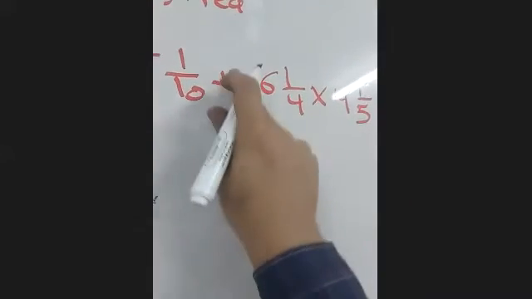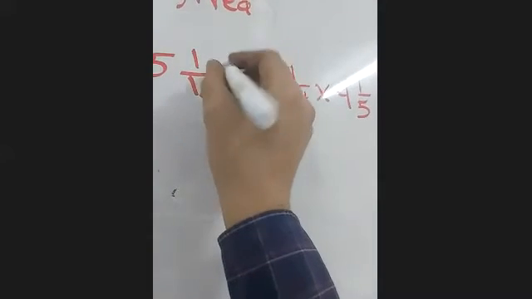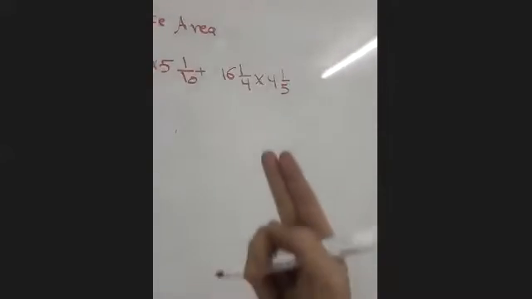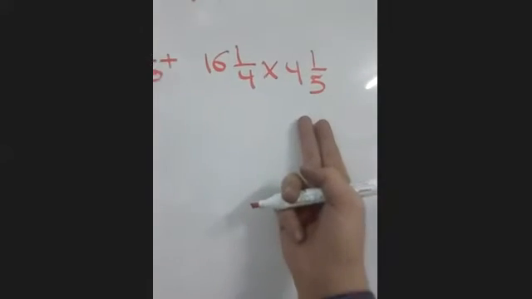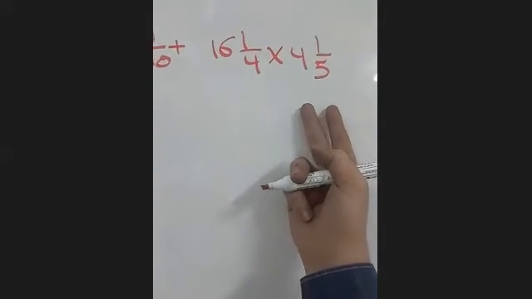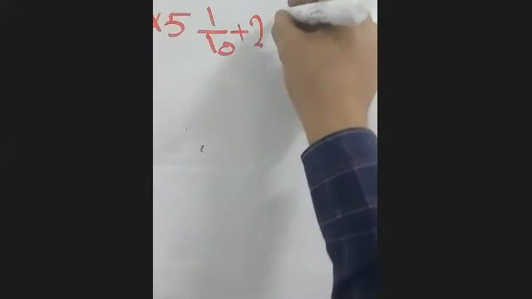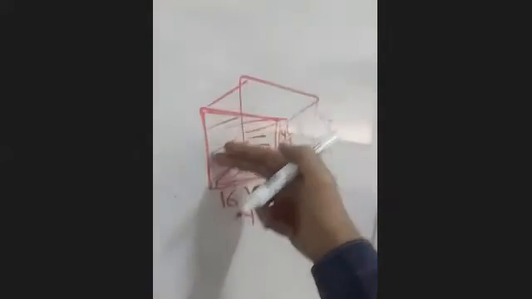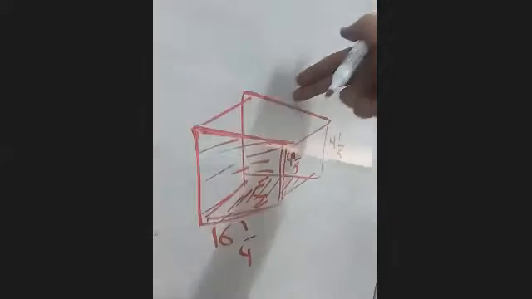Focus. We have two faces with the same length and the same width, right? So I put here 2 multiplied by them, because this face and the face behind are the same.